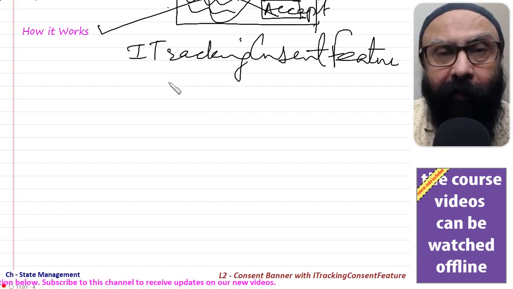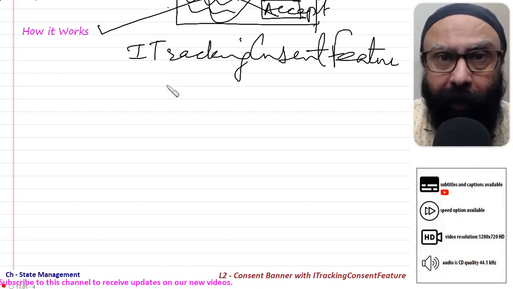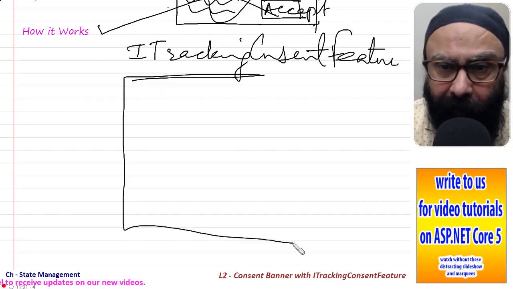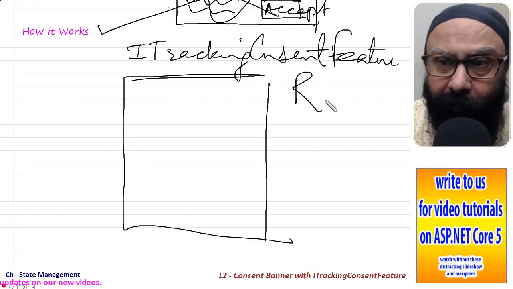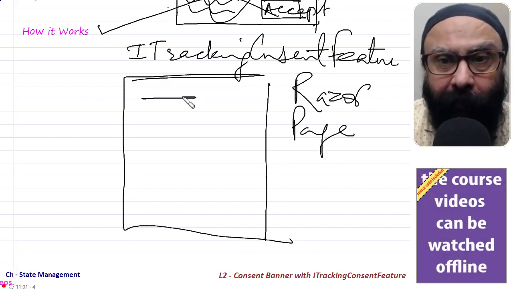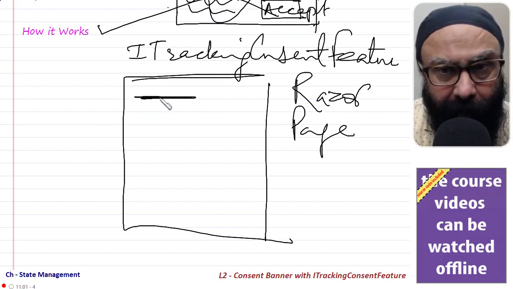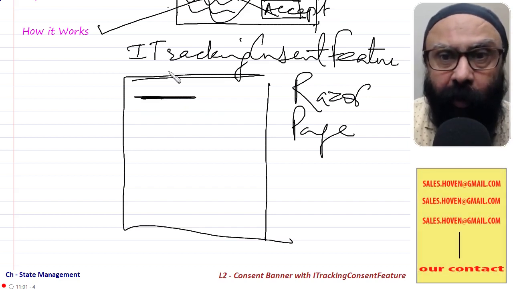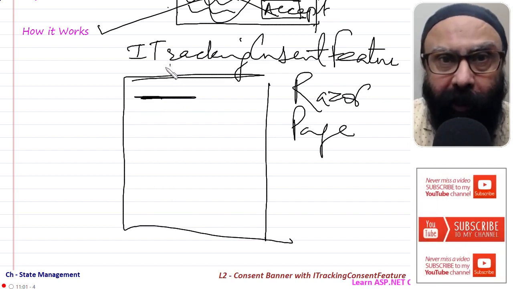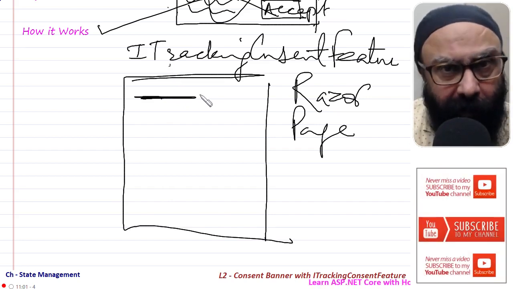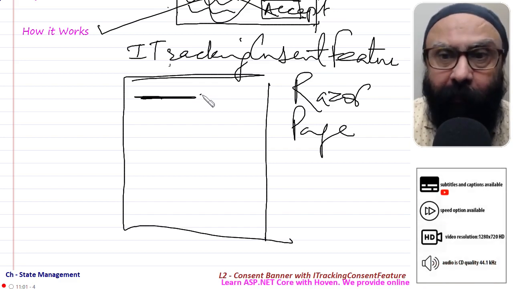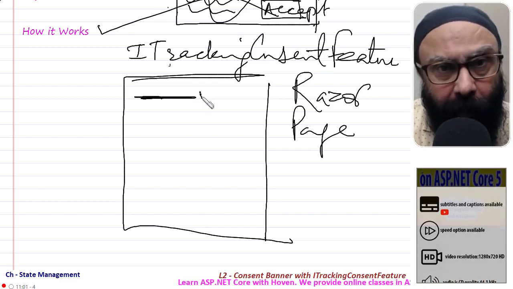This is an interface that is provided to you by ASP.NET Core, and it can be obtained inside your Razor page. The instance for this interface is made available to you by ASP.NET Core inside the Razor page, and we will see how to obtain it in a moment.